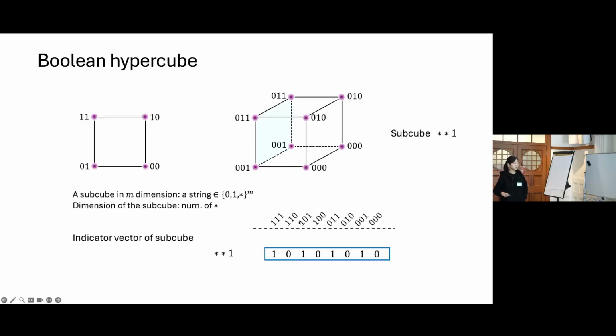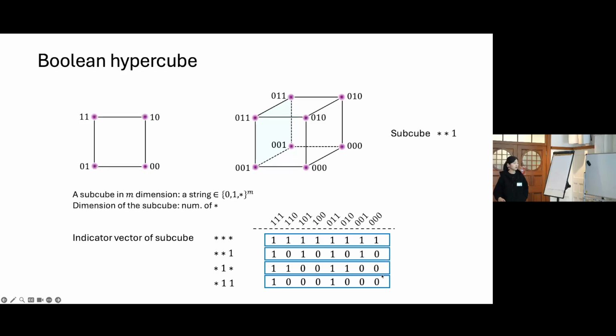The last coordinate has to be 1, but you have freedom in the first 2 bits. Similarly, the full cube is just the all-1 vector, and some other examples like this. An important property of this indicator vector is that its weight is just 2 to the number of stars in the string.